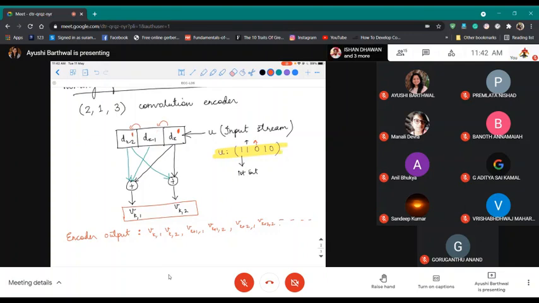The 1 at the position dk will come here. And over here, the new bit will come and the new bit is 0. So the content of the shift register will now be 0, 1, 1.